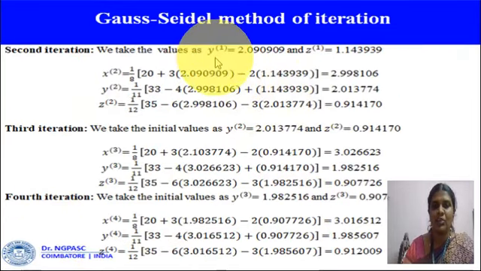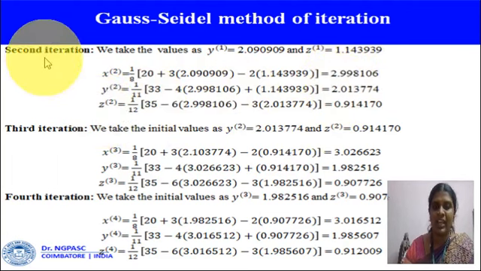Now going for the second iteration. You have to take the y and z values from the first iteration and substitute them in the x equation. So you get a value, and for the y equation you have to substitute the x value which you have got here and the z value from the first iteration, and for the z equation you have to substitute the x and y values which you have got in the second iteration itself.